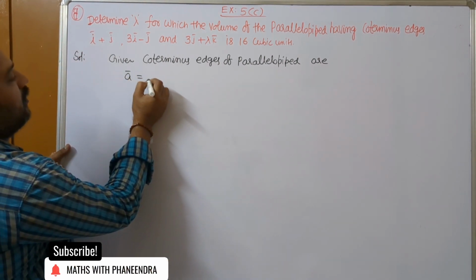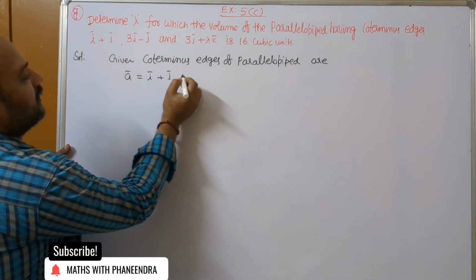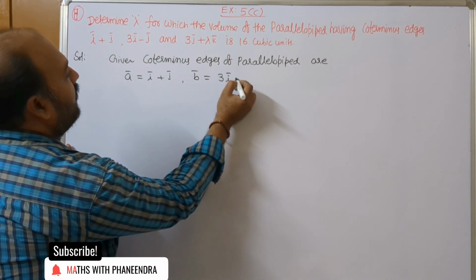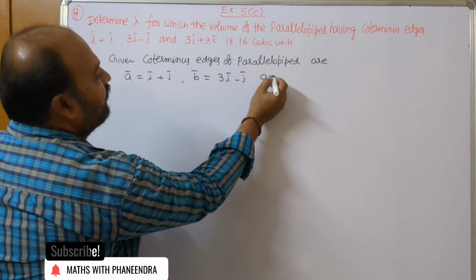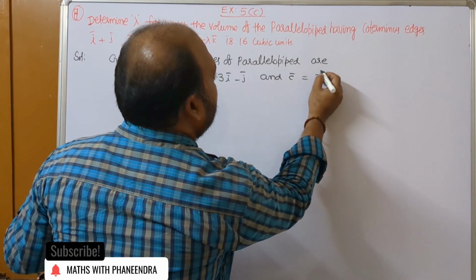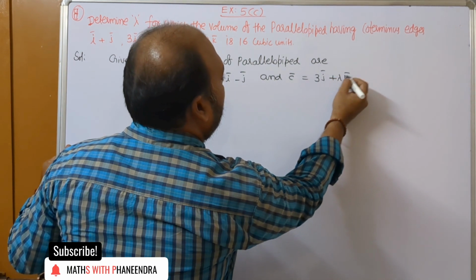So a bar equal to i plus j, b bar equal to 3i minus j, and c bar equal to 3j plus lambda k.